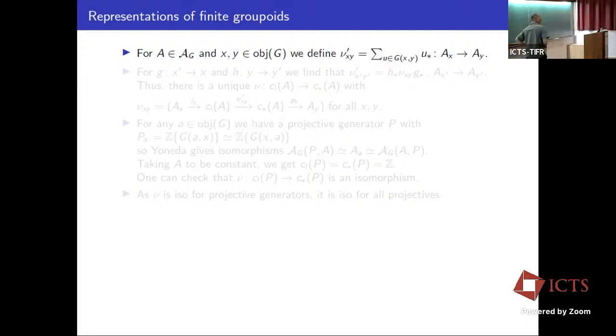And I've got finitely many morphisms because we're dealing with a finite groupoid. So I can just take all these U lower stars and add them up. We're dealing with abelian groups, so adding homomorphisms, there's no issue with that. So just take the sum of the things induced by all possible morphisms, and I call that nu prime XY.